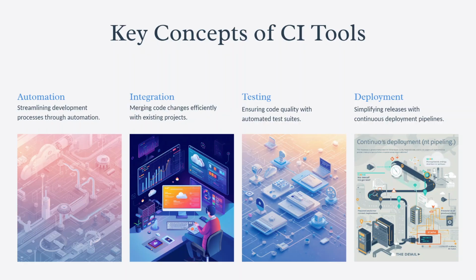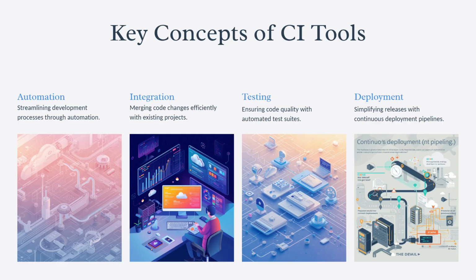In MLOps, CI tools automate testing, building, and integration of code and models. The most popular ones are Jenkins, the CI/CD platform that handles testing and deployment with incredible flexibility. GitLab CI/CD, built right into GitLab repositories, perfect for integrated testing and deployment workflows.